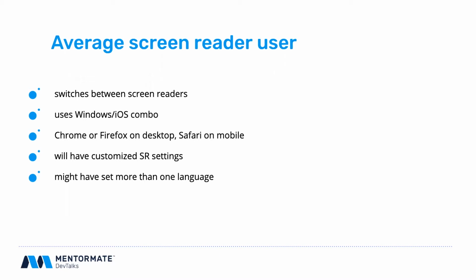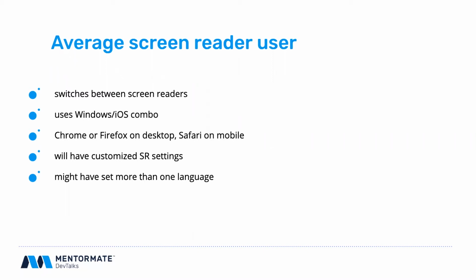As for browsers, we can see that Chrome and Firefox are the most popular browsers on the desktop landscape, and naturally Safari on mobile. Another common theme about the average screen reader user is that they wouldn't download the screen reader and leave it as is.